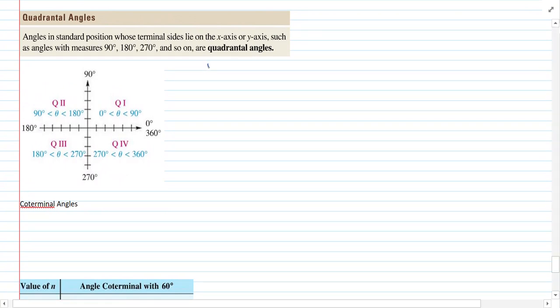It is the exposure to angles on a coordinate grid.